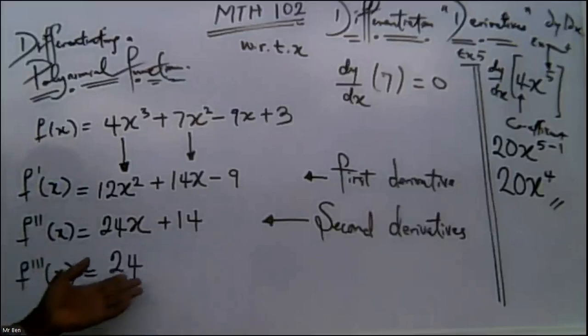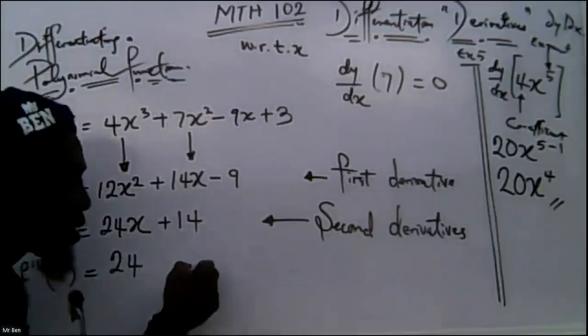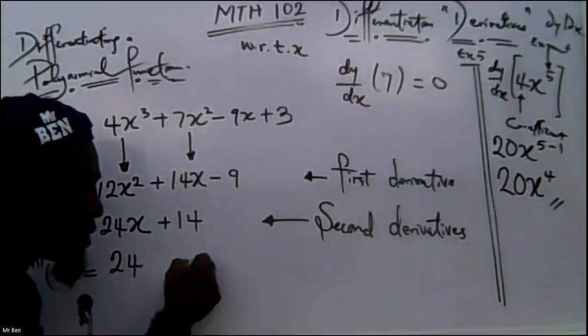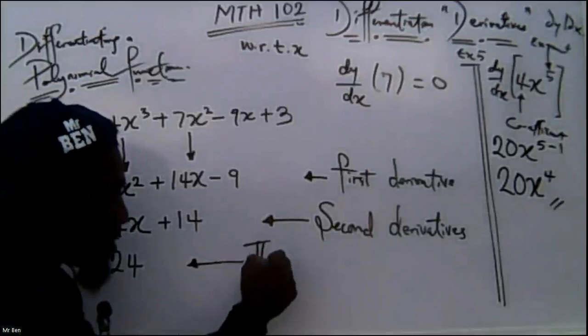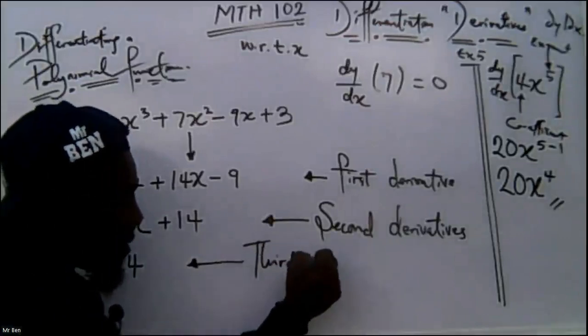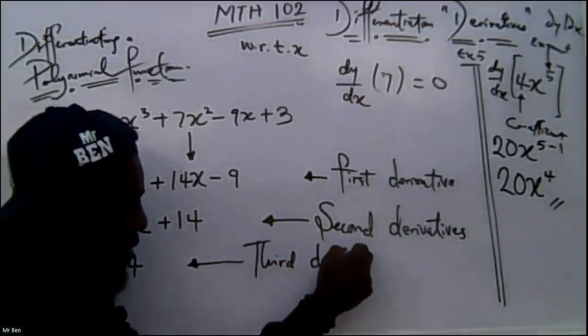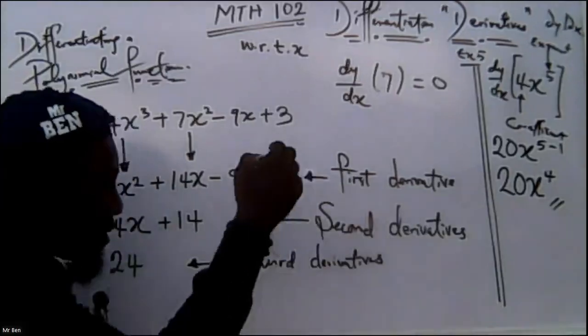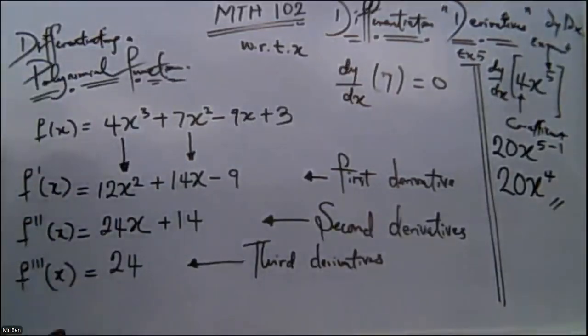So it will be 24 plus 0. And 24 plus 0 will give us what? 24. So this is the third derivative. That is the third derivative. As simple as that.